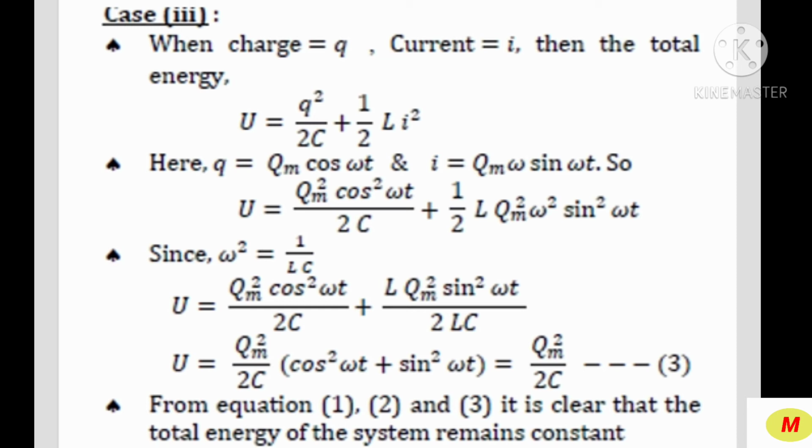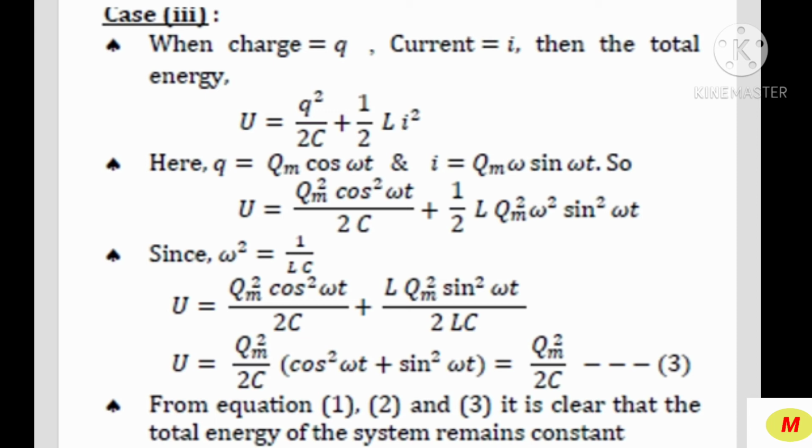So that the equation becomes capital U is equal to capital Qm squared cos squared omega t divided by 2C plus half L into capital Qm squared omega squared into sin squared omega t. Here omega squared is taken as 1 by LC, so that the equation becomes capital U is equal to capital Qm squared cos squared omega t divided by 2C plus L into sin squared omega t divided by 2LC.